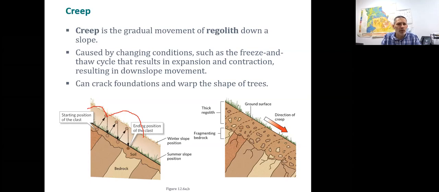And around here in Missouri, we have about 90 days of this cycling from above freezing to below freezing, and so we have a sizable amount of soil creep. If we start looking at the permafrost regions, they stay, as the name implies, where the ground is permanently frozen.